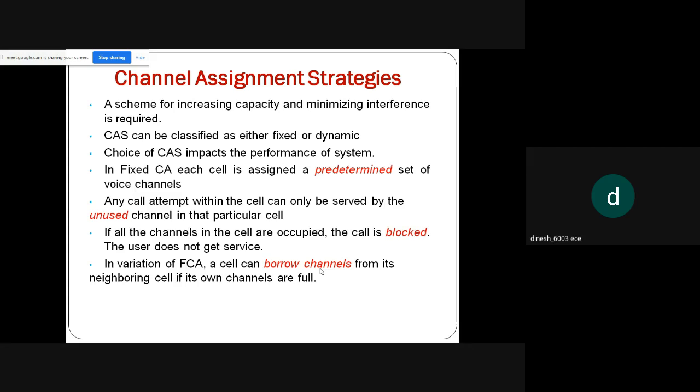Depending upon the nearest availability, either channel 31 or channel 32 will serve. A call can be served only if there is an unused channel in that particular cell.